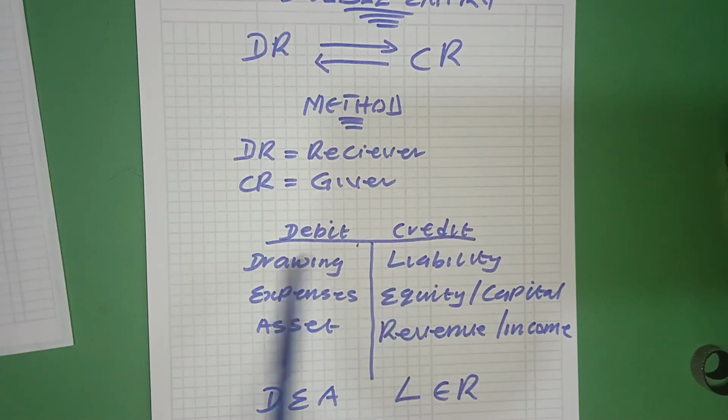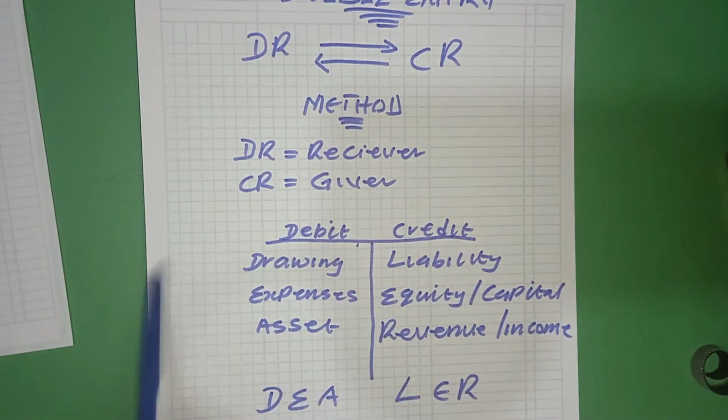Now, if you cannot remember, this is the acronym: DELAER. D is for drawings, E is for expenses, A is for assets, L is for liability, E is for equity, R is for revenue. So just memorize this and get it, and you are done with the double entry system.